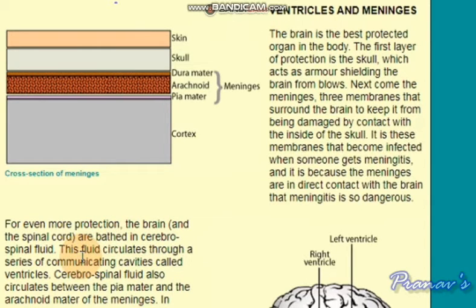For even more protection, the brain is bathed in cerebrospinal fluid, also called CSF. This fluid circulates through a series of communicating cavities called ventricles.